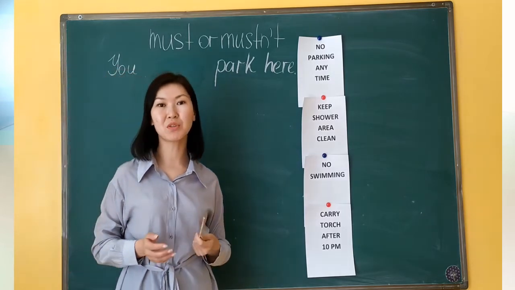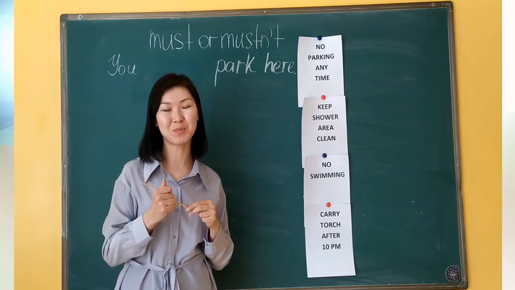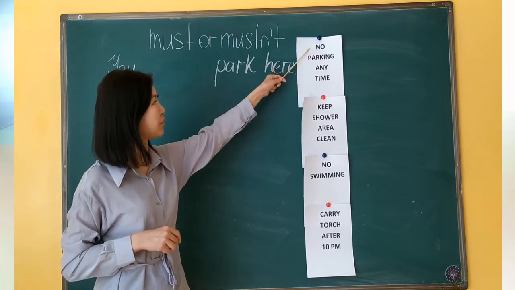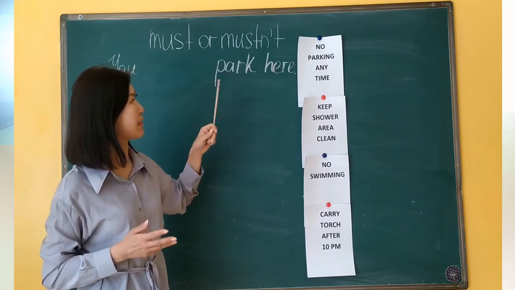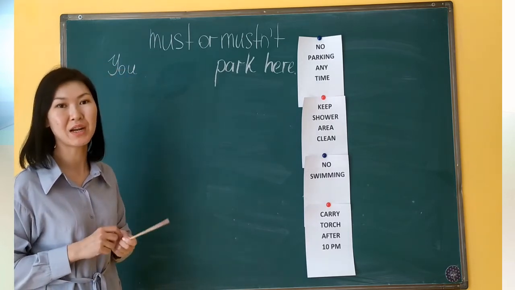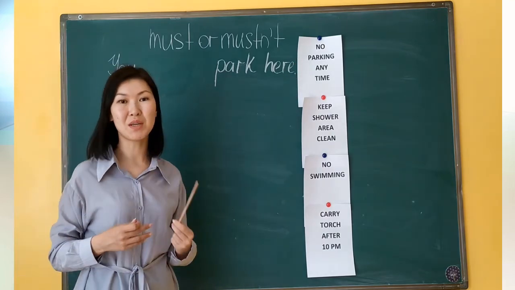Write down in your copybooks, please. The first sign, what is it about? We can say you mustn't park here, right? It means no parking anytime, that you mustn't park here.